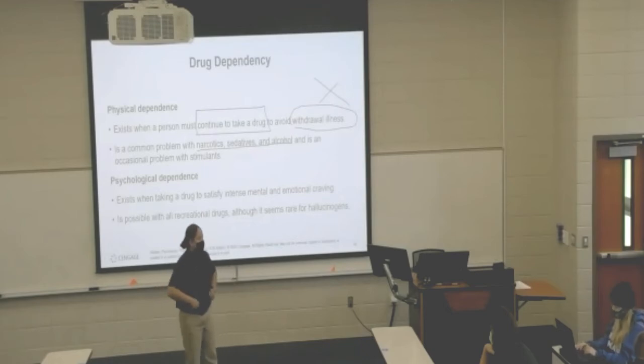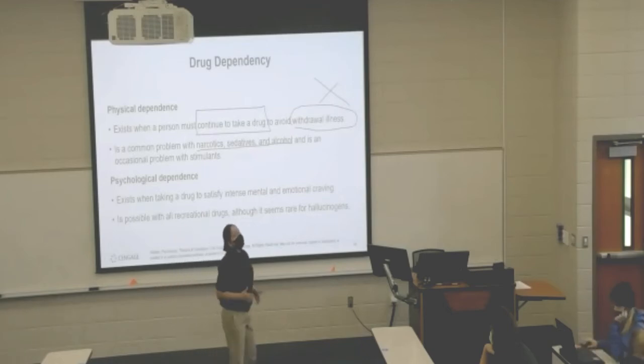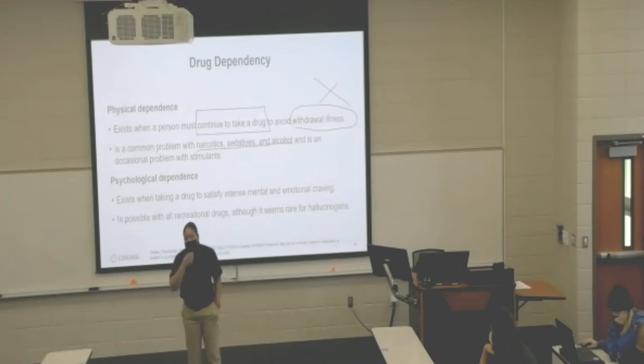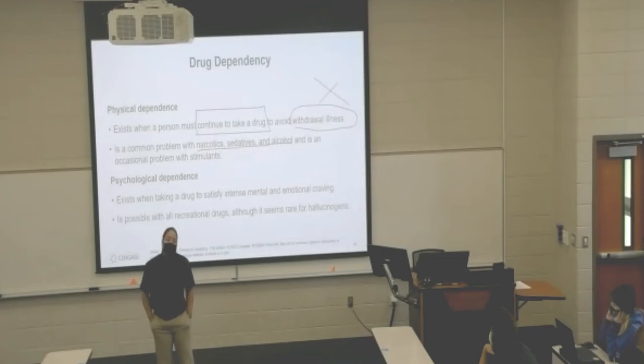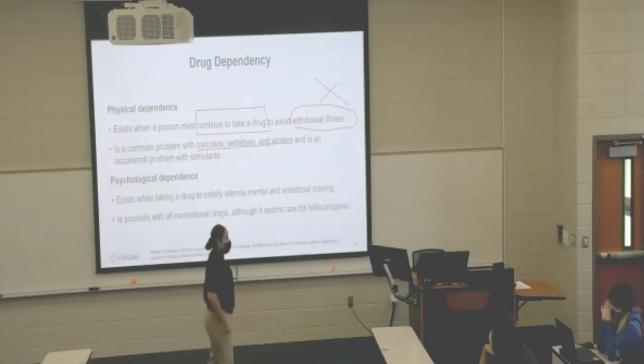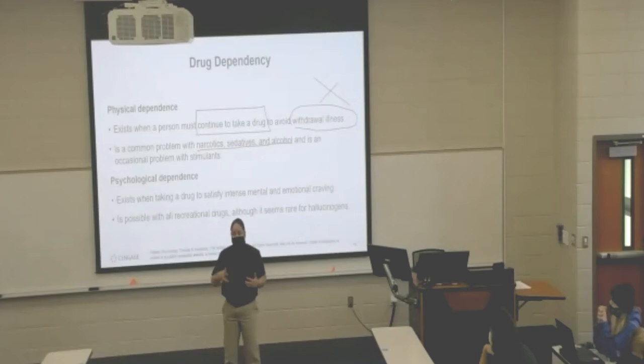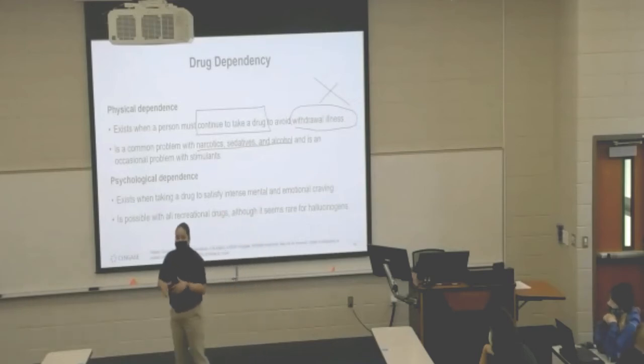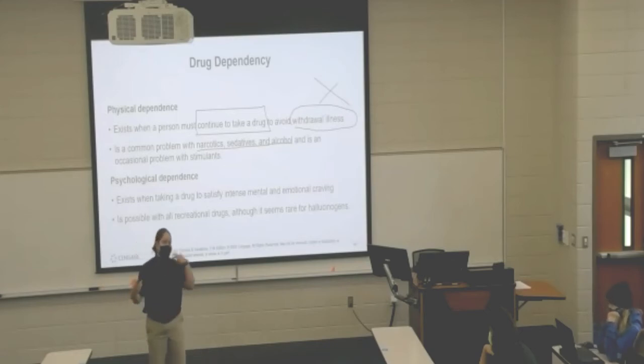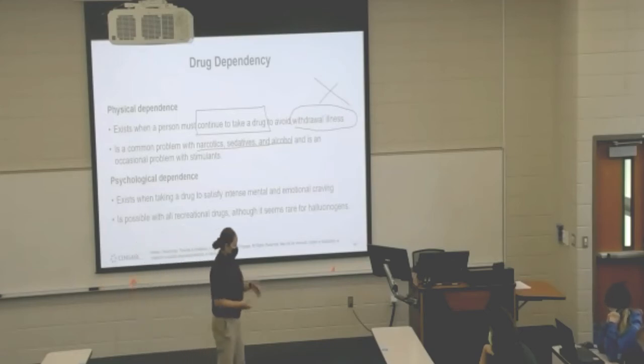But then their body, remember, has become used to that substance, that altered state of consciousness. So for some people, when they stop drinking alcohol, they start having seizures, they start having hallucinations, right? Because now your body is trying to make up for that neurotransmission, that lack of brain activity. Now we're going from no activity to a whole lot of activity, right? So the person is having seizures, the person is having hallucinations.